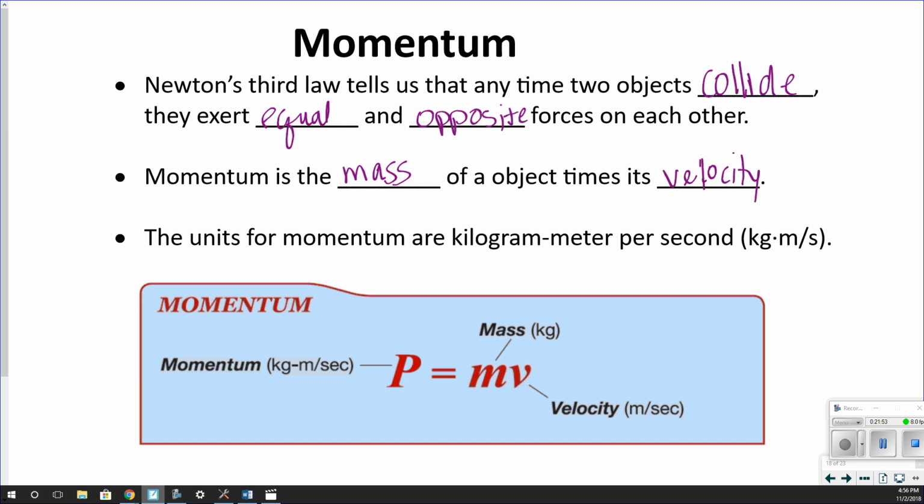The unit for momentum is kilograms meters per second. So we can also take it to kilograms times meters per second. This whole thing, written either way, is a whole unit. I need to see all of it when we're talking about momentum. Momentum, we use a P to denote it, and then we have mass and velocity with a V.